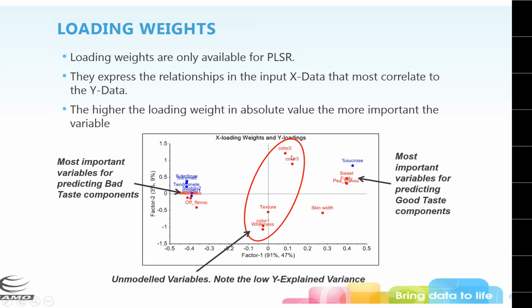And in the center here, we have very low Y-explained variance in principal component 2, and these are very close to the center here, so they are not affecting your data very much. If we look on the side, we're showing about 3% of that X data variation is explaining only 9% of the Y variation. So in this case, we're looking at basically a one-factor model.